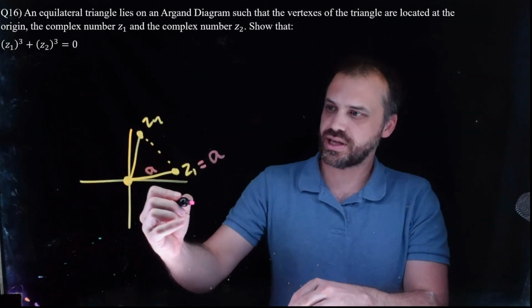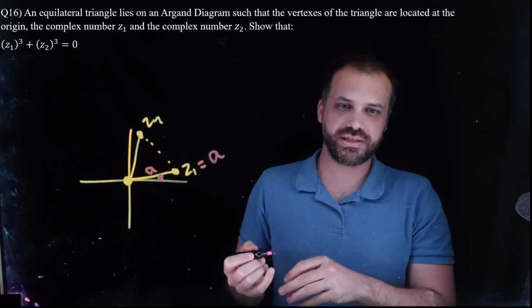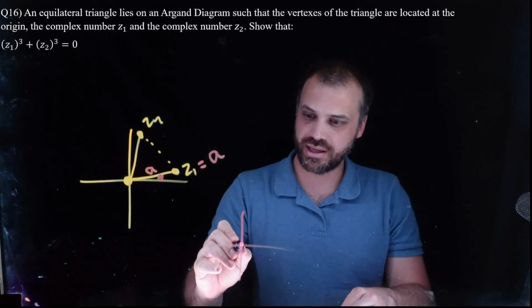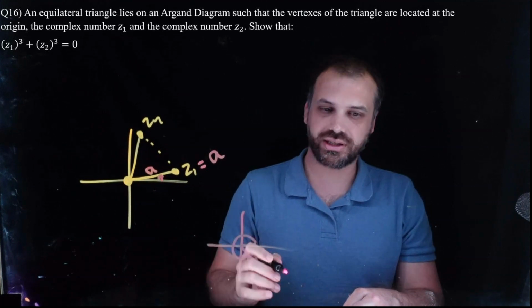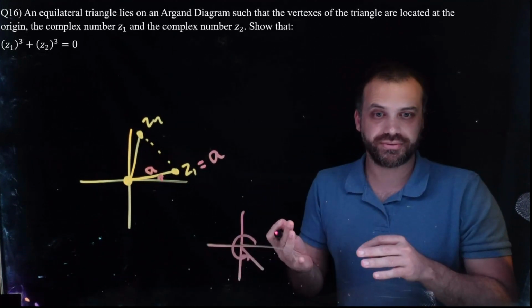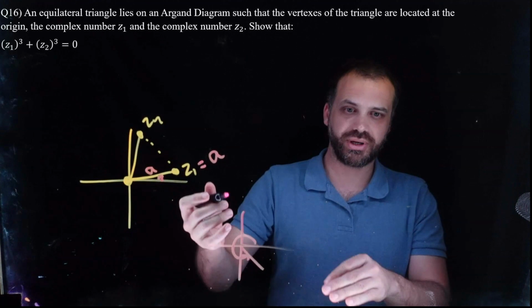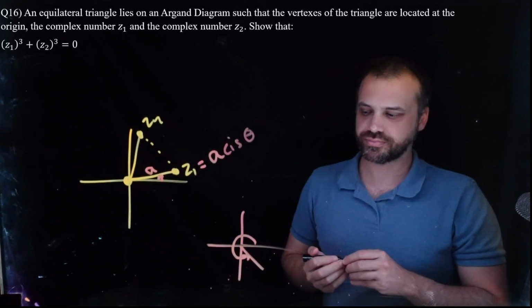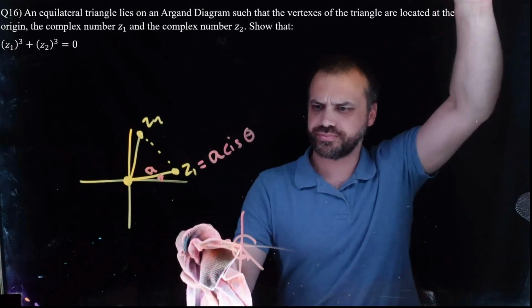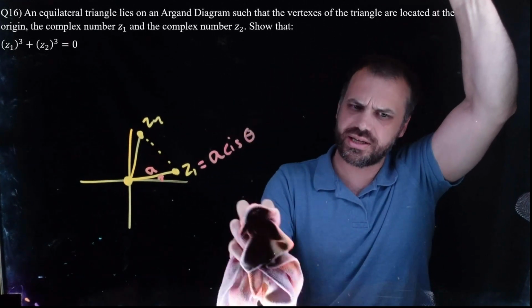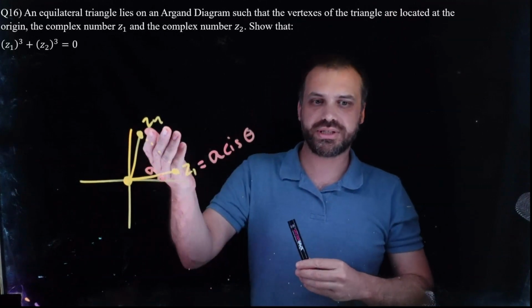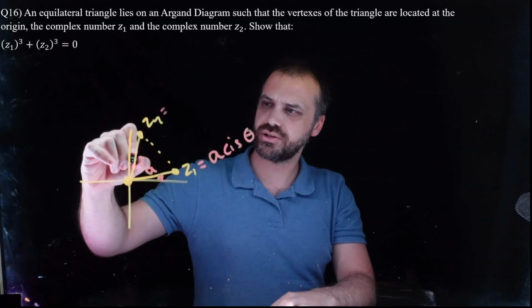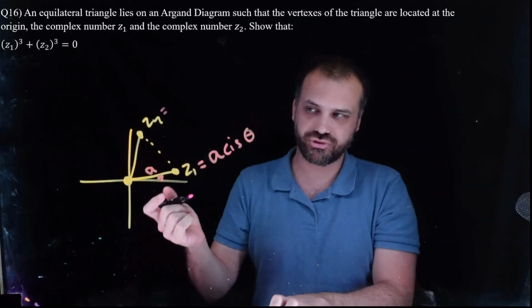And then some angle measured from the x-axis. Now again, that angle might be a very small angle like that. It might be a very large angle like that. It doesn't matter. But we can just say that angle, whatever that angle happens to be. Cis theta. Okay. Now, this other one, Z2, what can we say about that in complex number form? Well, we can say that it's got the same length because this is an equilateral triangle.